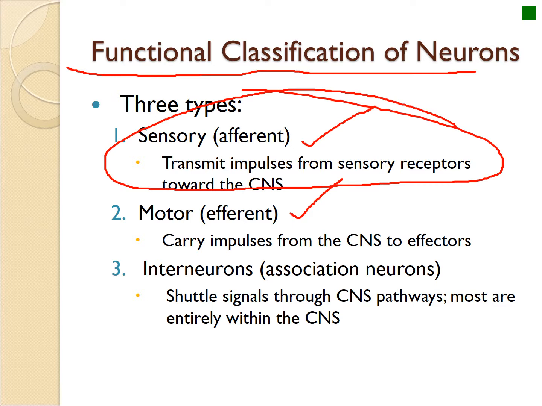The motor, this information either comes out quickly or slowly to affect something, to make a gland secrete, to make a muscle move. The speed all depends on where they're placed in the body and what exactly they're associated with. And then the interneurons, they do what they call shuttle signals. That means they direct them, control them, and sometimes literally act as a little mini brain in themselves.